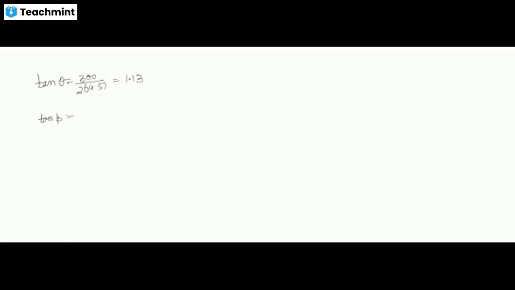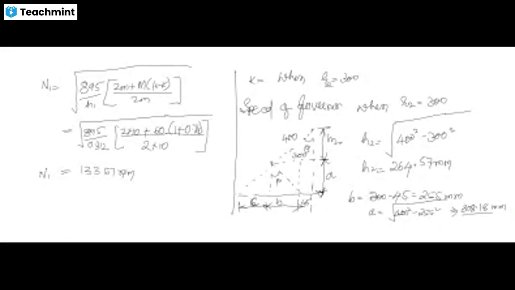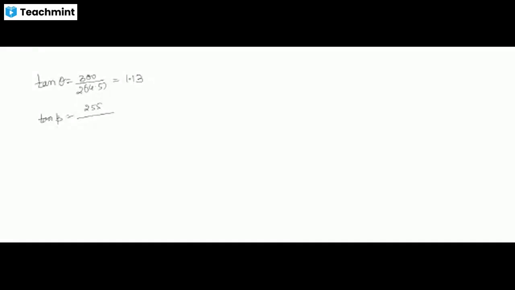Similarly, tan beta equals 255 divided by 308.18, which is 0.82. So now K equals 0.82 divided by 1.13, which is 0.73.